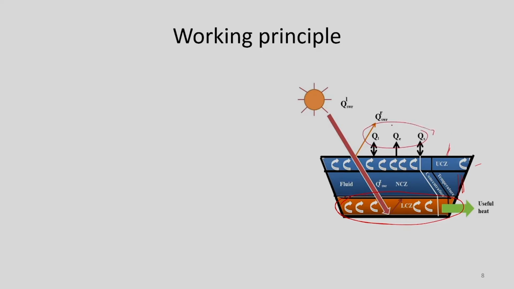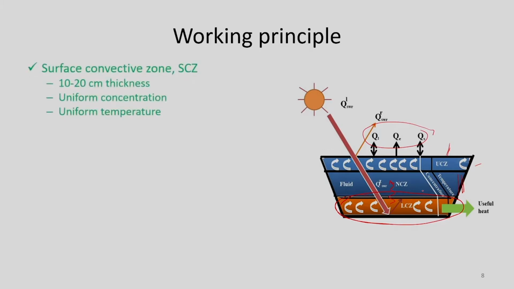Some evaporation losses will be there, and then heat interaction with the ambient is there. So, it is shown that the energy falls from the sun and is received at the bottom, and this convection current is resisted by this salt gradient. So, let us learn one by one.